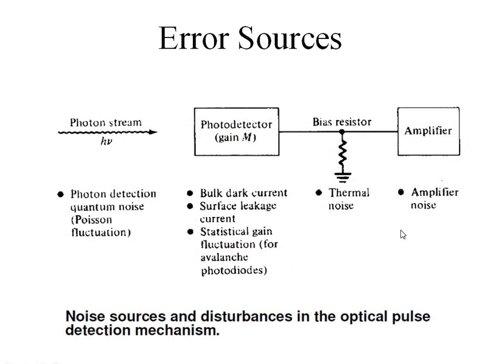The errors in the detection mechanisms can arise from various noise sources and disturbances associated with the signal detection system, as shown in this figure. We can see the various noises.